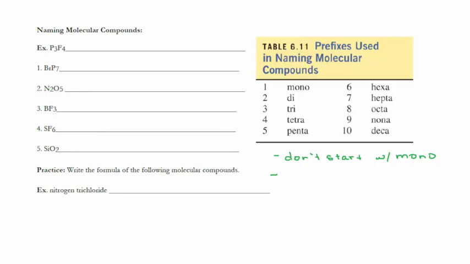So for example here, BF3, it wouldn't start with monoboron. And then the second thing is that the second atom is going to have an IDE ending at the end of it. So let's look at this first example. I've got P3F4. So this would be triphosphorus because I've got 3 phosphoruses.